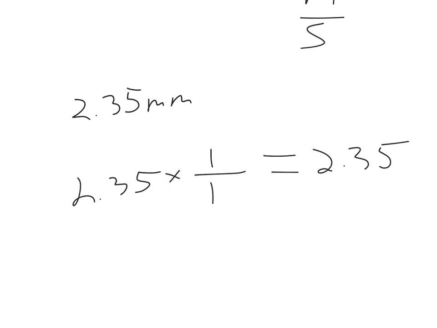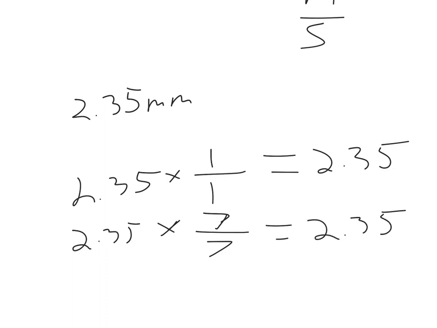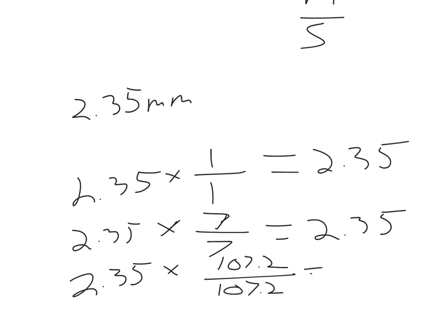If I did 2.35 and I multiplied by 7 divided by 7, you could try putting that in a calculator, but you will get 2.35. Don't believe me, try it. And just to drive the point home, if you did 2.35 and you multiplied it by 107.2 over 107.2, you would still get 2.35. Basically because all of those fractions reduce to 1 over 1.